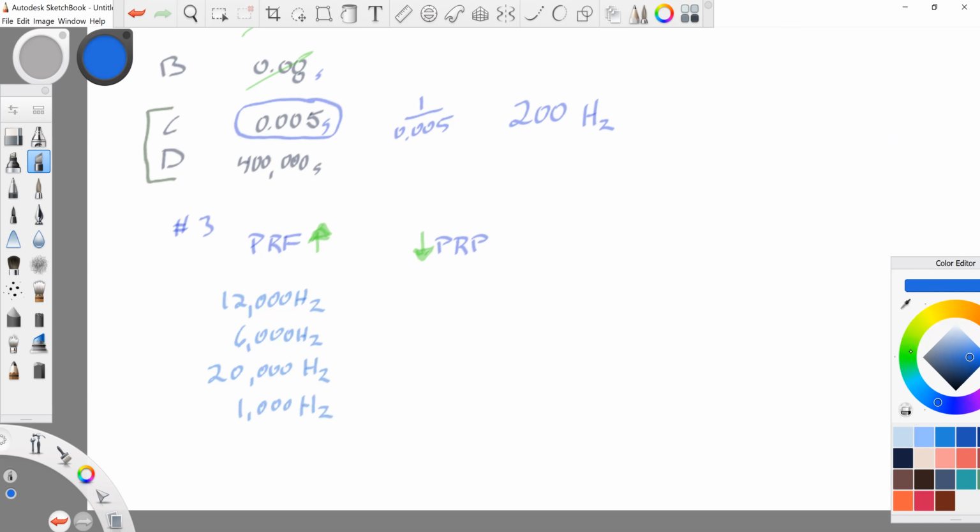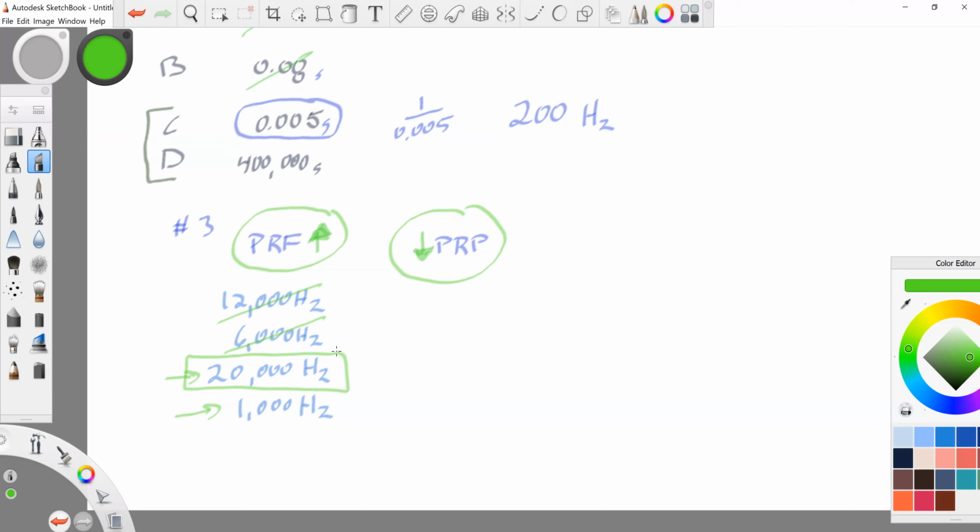Right off the bat, the absolute largest is this one, and the absolute smallest is this one. So if you don't know what you're doing, get rid of those two. 50% chance of getting it right. But we already know we're looking for the highest PRF to get the lowest PRP. Must be this one. It better be. What was this, number 3? ABC. Yes, good. C.